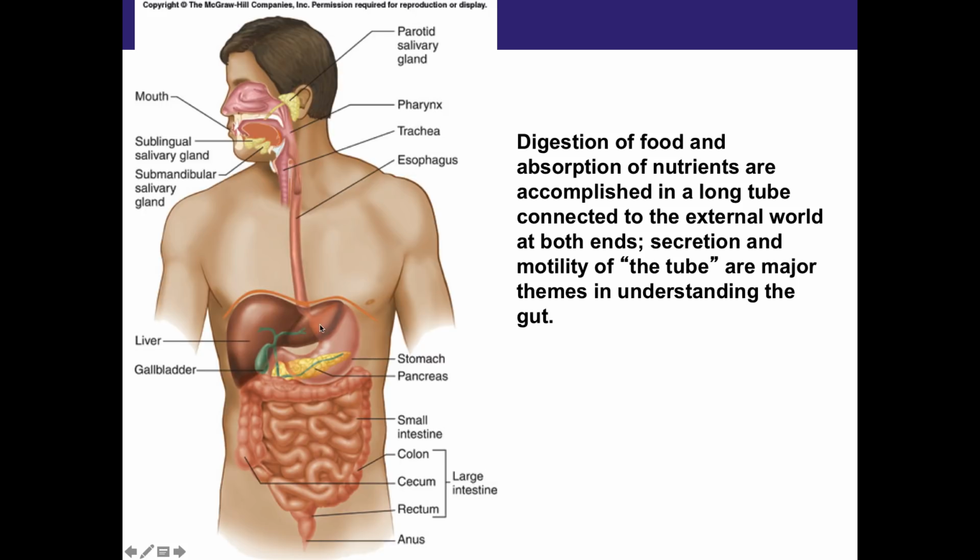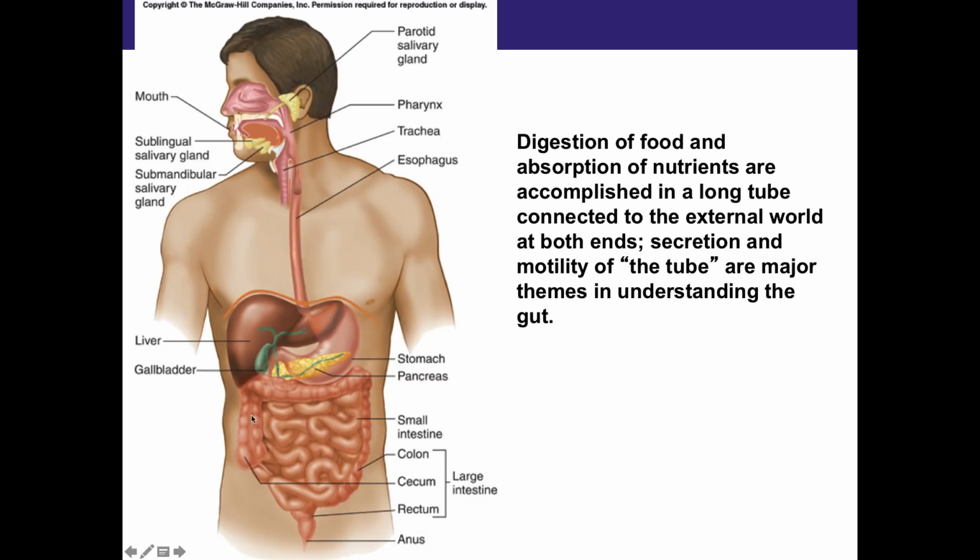You can see the stomach right here on the side. We see the stomach, the liver on the right-hand side, and the gallbladder, the pancreas. And so food from the stomach enters then into the small intestines, the three major sections: duodenum, jejunum, and ileum. Then the food enters into the colon.